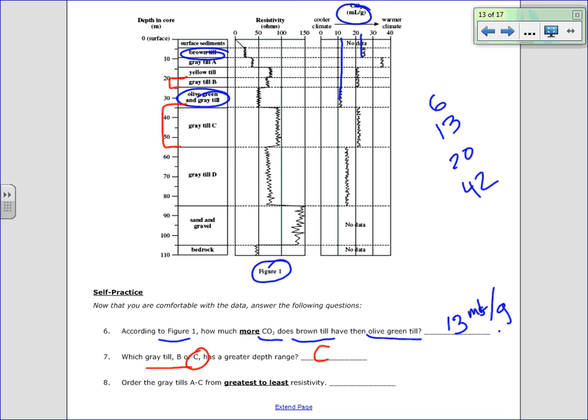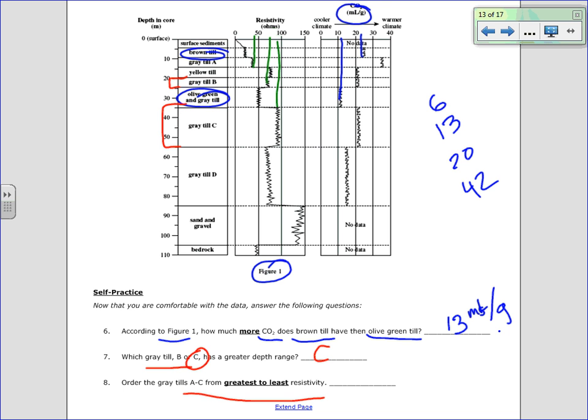And order the gray tills A to C from greatest to least resistivity. All right, if we take a look, A's resistivity is here, B's resistivity is here, C's resistivity is here.